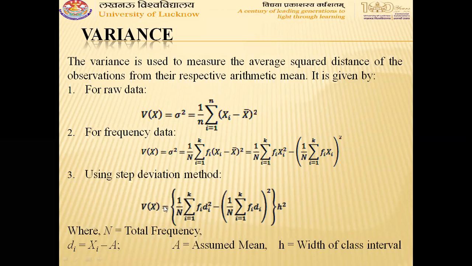Here the formula becomes variance of x equals 1 upon N summation i goes 1 to k fi di square minus 1 upon N summation i goes 1 to k fi di whole square, multiplied by h square, where di is the deviation of the observation from the assumed mean, that is di equals xi minus a. h is the width of the class interval, a is the assumed mean, capital N is the total frequency, and fi is the frequency of the ith group.